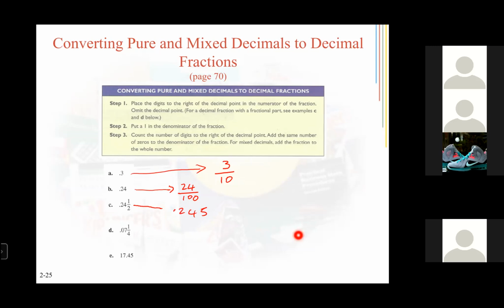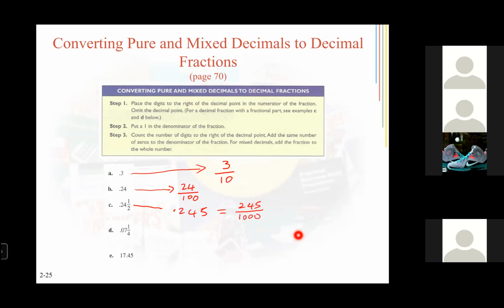So that's really 0.245. 0.24 and a half is like 0.245, because that half is like 0.5. But we can't have double points in a decimal, so we already have the point here in front of the 2. So just put it behind it. So it's going to be 0.245. Now, when we change that to a fraction, what would we have? 245 over 1,000.